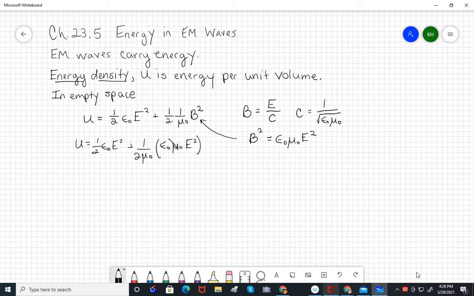This will cancel, and 1/2 plus 1/2 makes 1 whole. We get a fairly simple expression: the energy density is just epsilon naught E squared. It has an SI unit of joules per cubic meter.